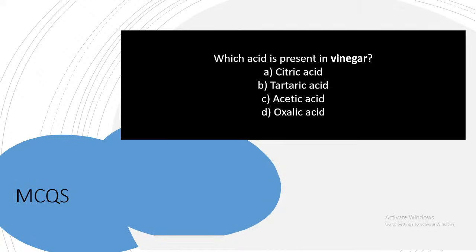Okay, next one. Which acid is present in vinegar? Option A citric acid, option B tartaric acid, option C acetic acid, option D oxalic acid.